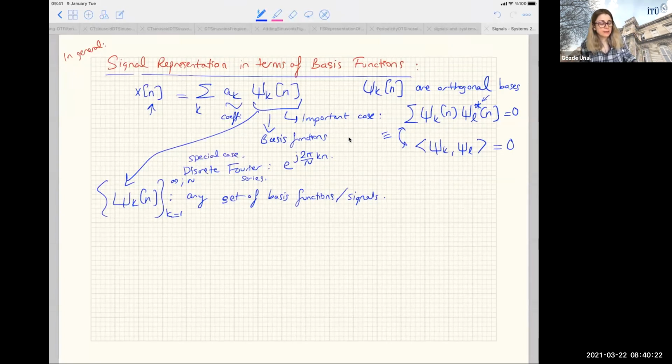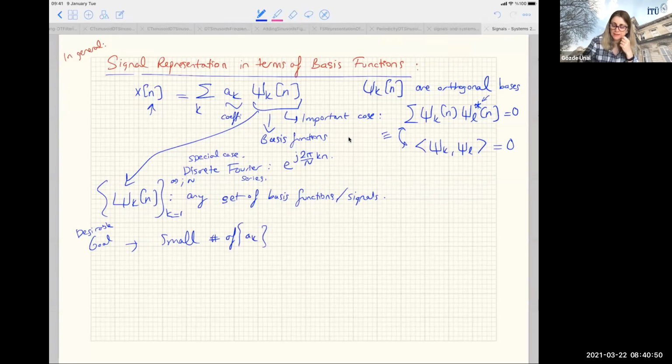So our goal is really to have a representation that results in a low dimensional embedding, we call it. This means the signal, when it's decomposed on this set of basis functions, has a small number of a_k. The desirable goal is a small number of a_k coefficients.